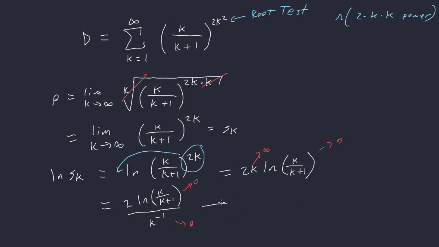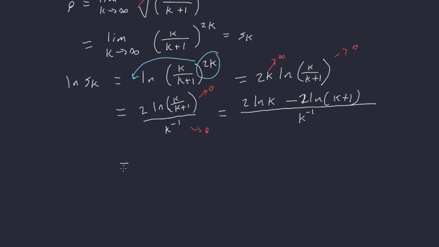Before I do that, though, I want to actually simplify this. This will be 2 ln k minus 2 ln of k plus 1. That'll make the derivative a lot easier to work with, all over k to the negative 1.